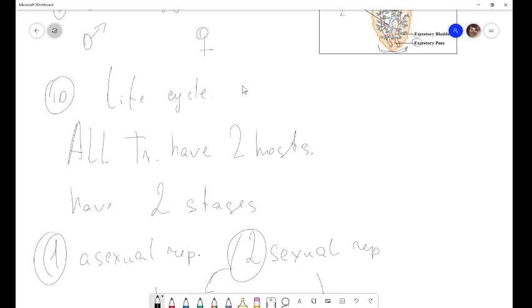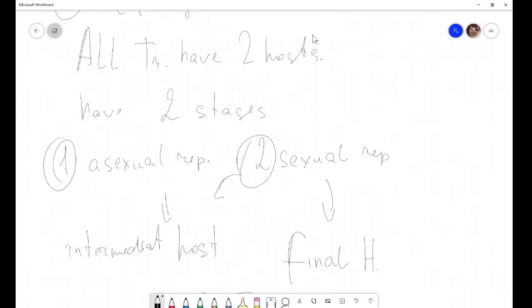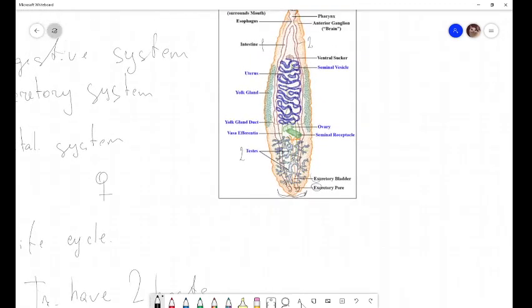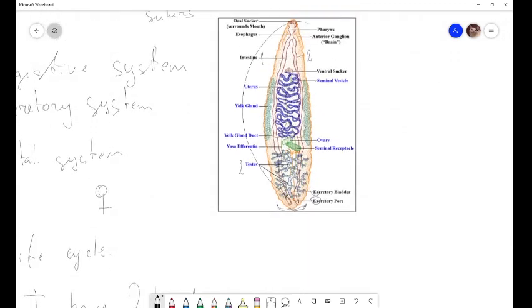One of the stages includes asexual reproduction, and the second stage is sexual reproduction. Sexual reproduction happens inside the final host, and inside the final host we can find adult worms like that worm.